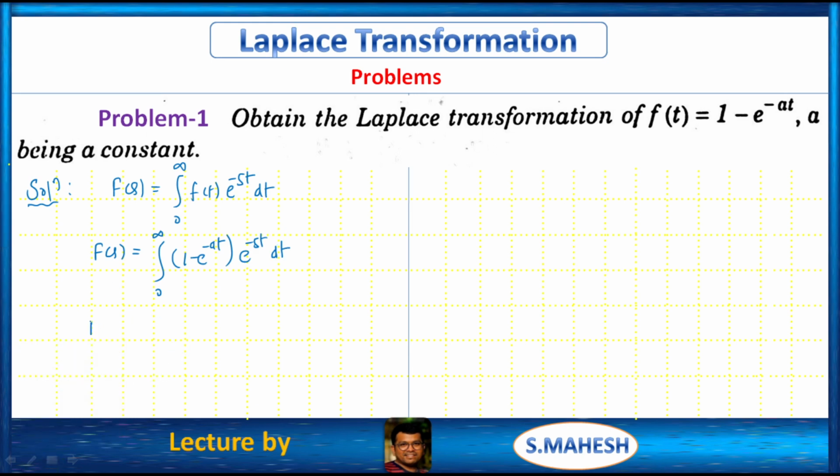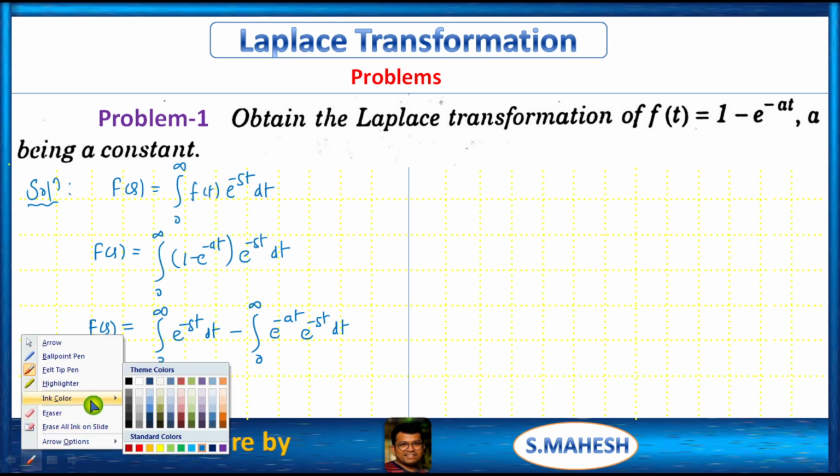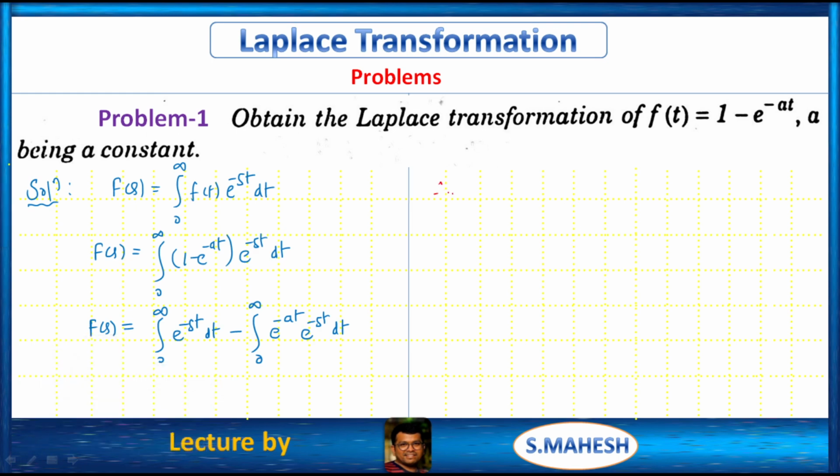From this, F of s is nothing but the integral from 0 to infinity of e power minus st dt minus the integral from 0 to infinity of e power minus at e power minus st dt. We all know that the integral from 0 to infinity of e power minus st dt is nothing but 1 by s, which is the unit step. Therefore F of s, as we already did, is 1 by s minus 1 by s plus a.